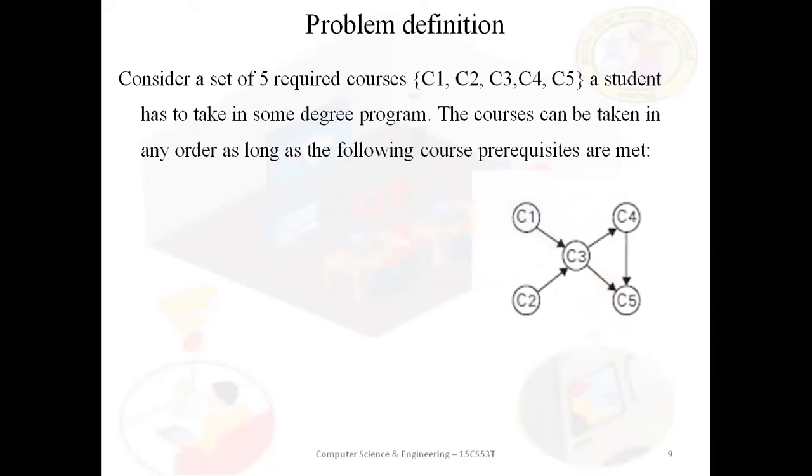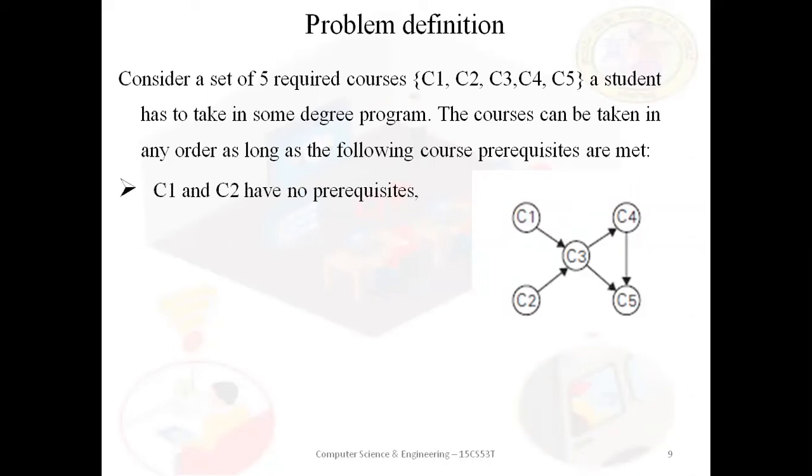So as we can see in this diagram, C1 and C2 are independent of any of the courses. Like C1 and C2 can be started independently, whereas for C3 to begin, the student must have completed C1 and C2. Then only he or she can take the course C3.